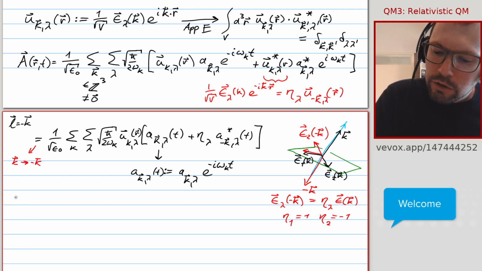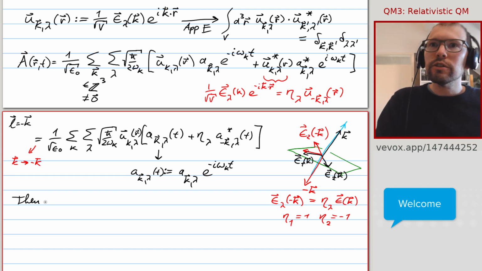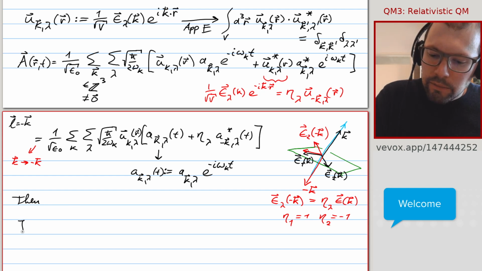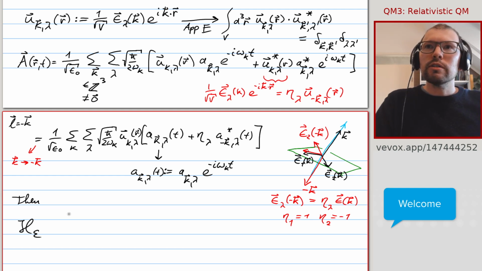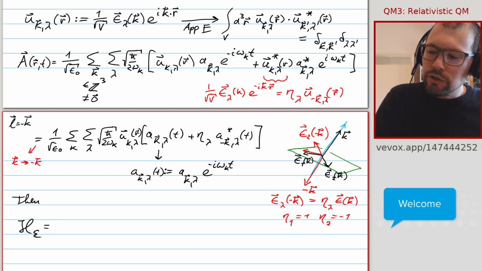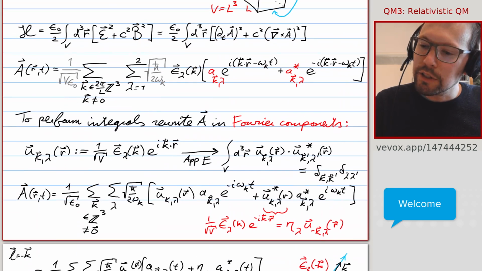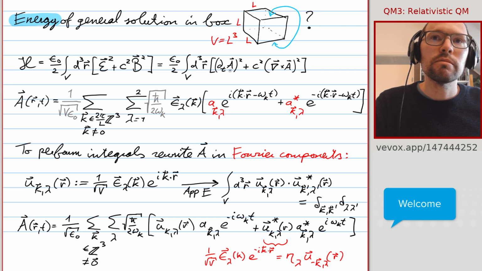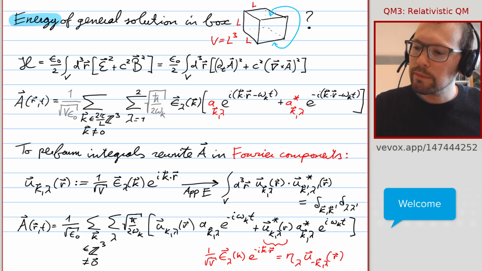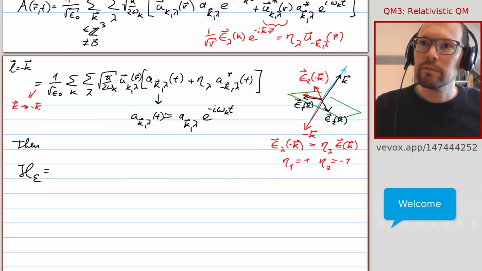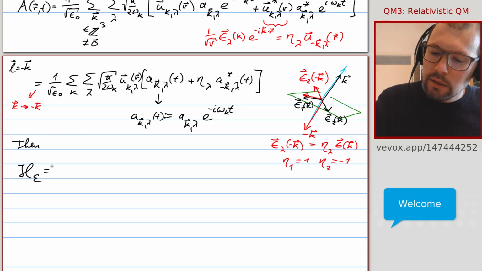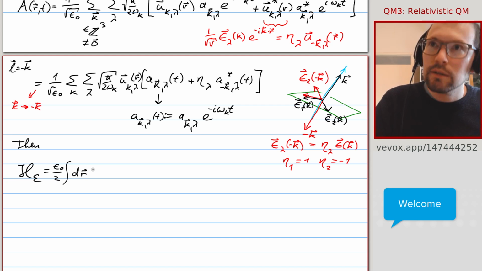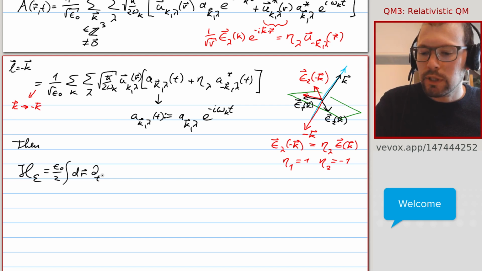Okay, so now we can really perform this integral. Let's do one part at a time. Let's look at the contribution of the electric field. That's just the time derivative of the vector potential squared. So let's write it out.